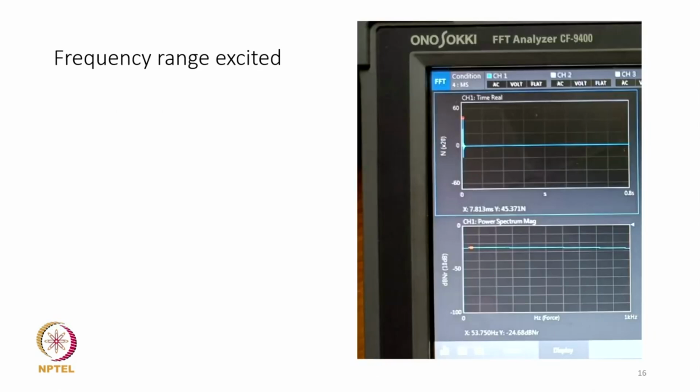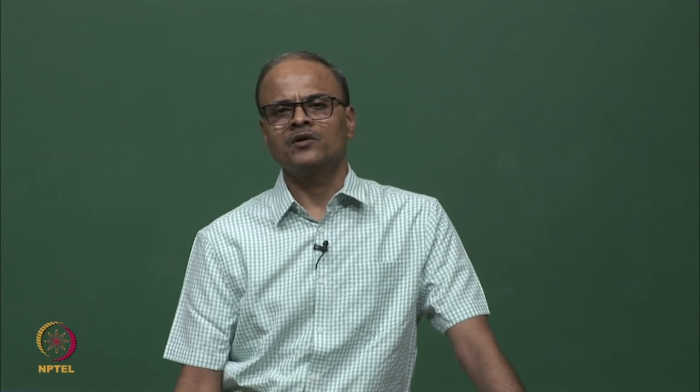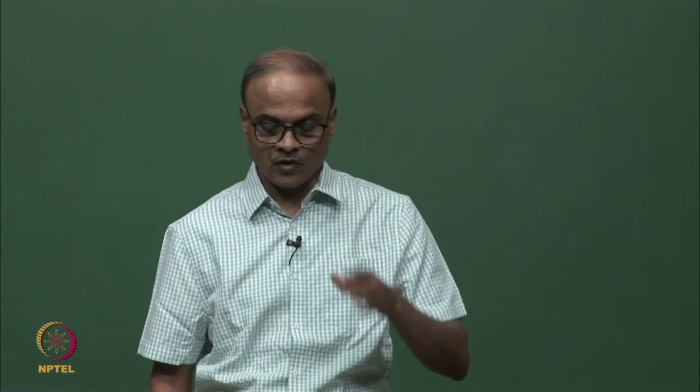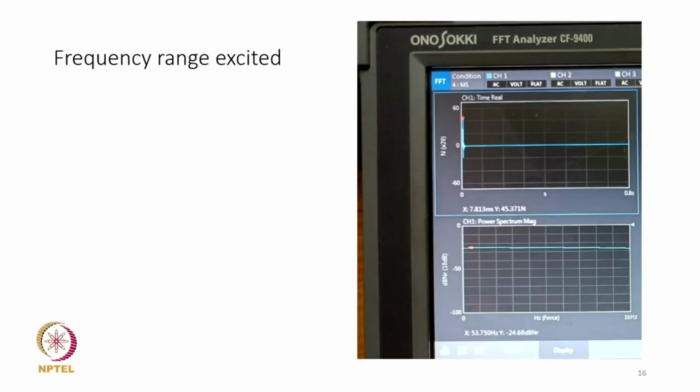Let us now try to see whether, if we are using a plastic tip, it would allow us to take measurements over a range of 1 kilohertz. For this you can see on the right we have the figure. At the top we are showing the force time history. This is the impact force pulse that is being applied by the hammer.